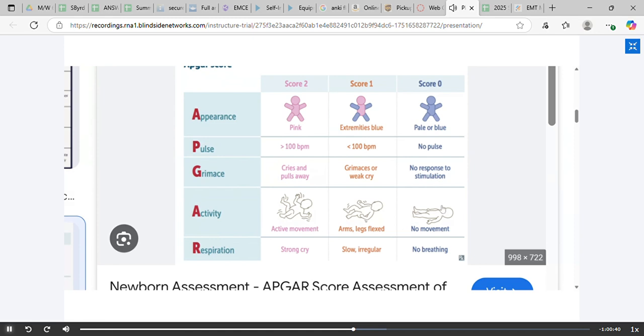A stands for activity. 0, unfortunately, your patient is completely limp. There's no movement. They're floppy, they're flaccid, they're completely limp. A 1 is they're going to have a weak resistance to the extension of their extremities, okay? So their arms and legs are going to be somewhat flexed, kind of a weak resistance.